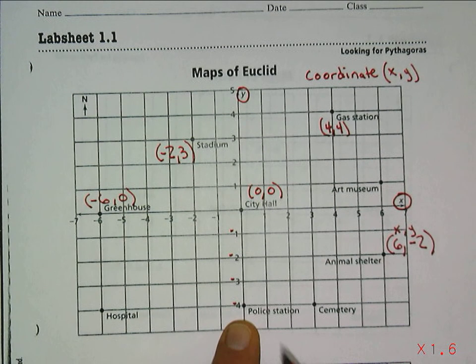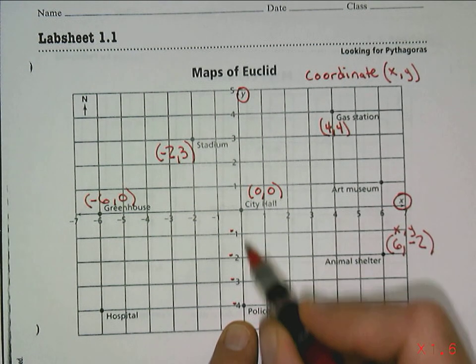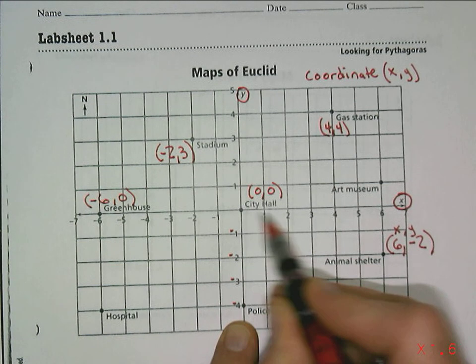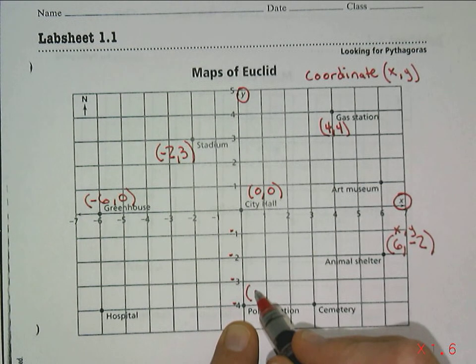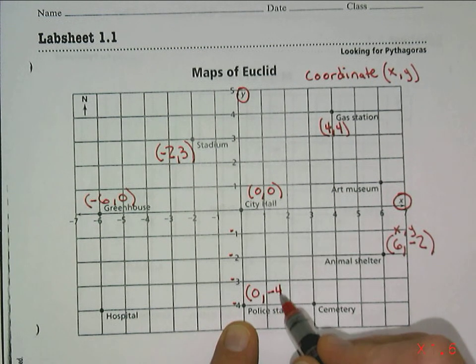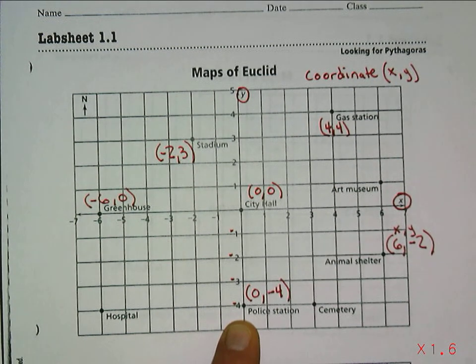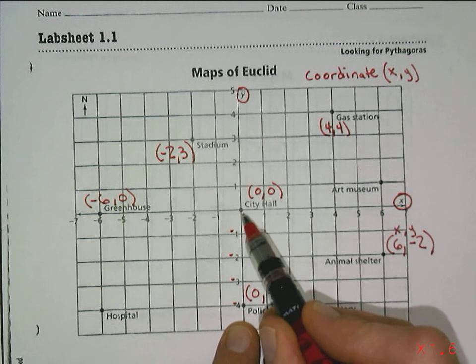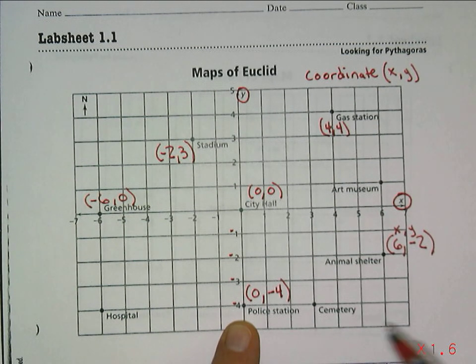The police station is a similar situation where you don't go left or right, you just go straight down. So there's no change in x. I don't need to go left or right at all. So its x coordinate is 0 and its y coordinate is -4. And so once again, one of the coordinates is a 0 because we don't move in either direction from the origin in order to get to it.